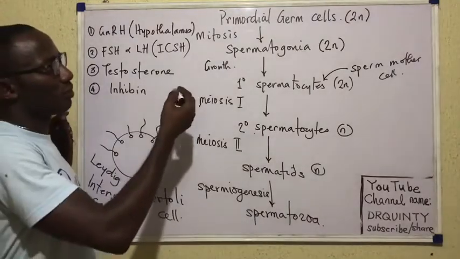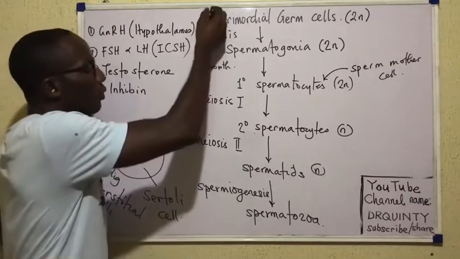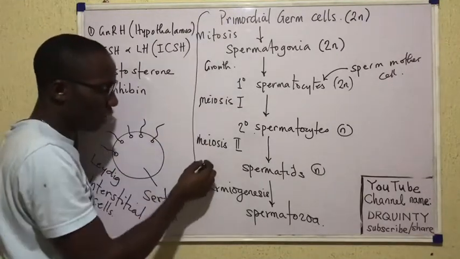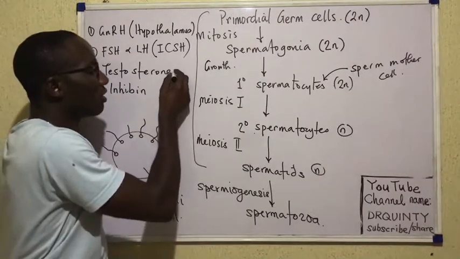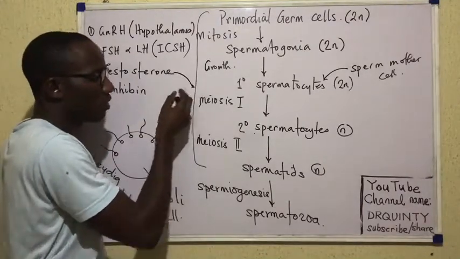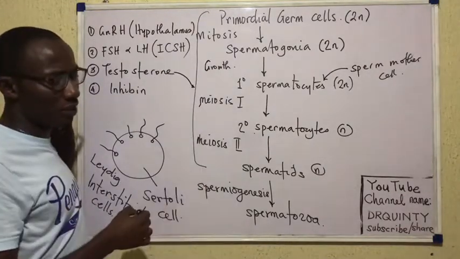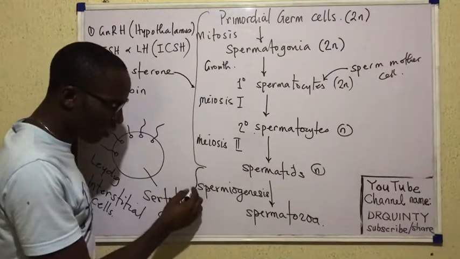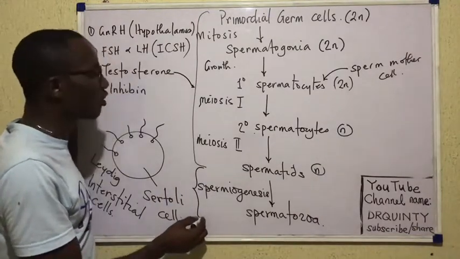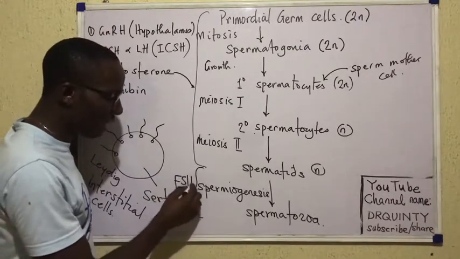Now this process from the primordial germ cell all the way down to the spermatid stage is under the influence of testosterone. So testosterone is the one responsible for spermatogenesis. But this last stage of maturation of the spermatids into spermatozoa is under the influence of FSH.